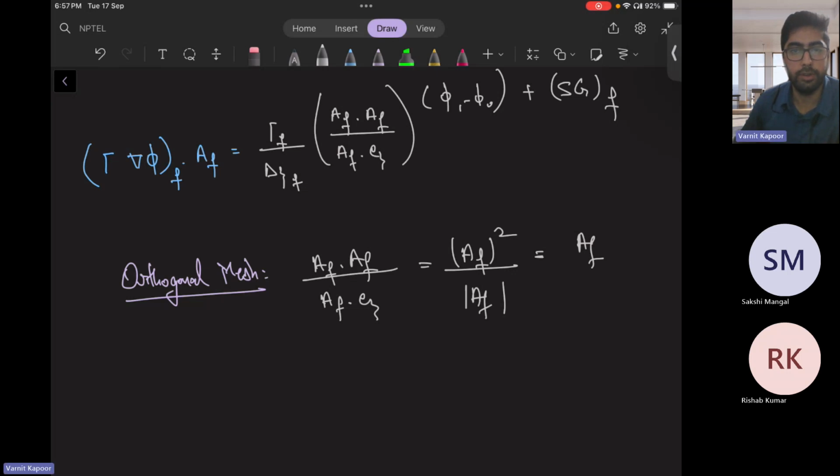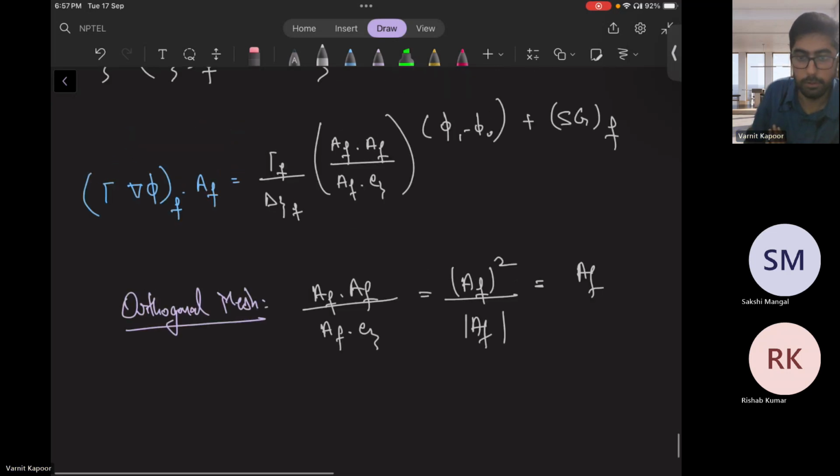Which is your primary gradient, the term from the primary gradient, which we have replaced with the linear profile assumption here. Phi 1 minus phi naught over del zeta.